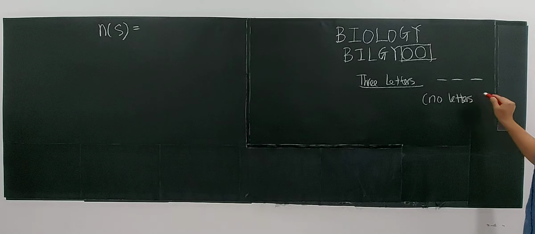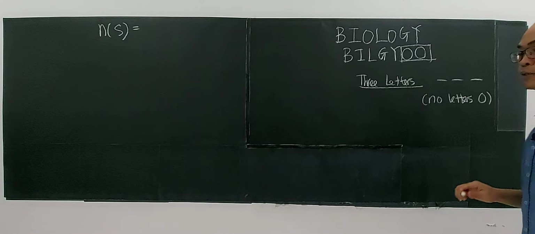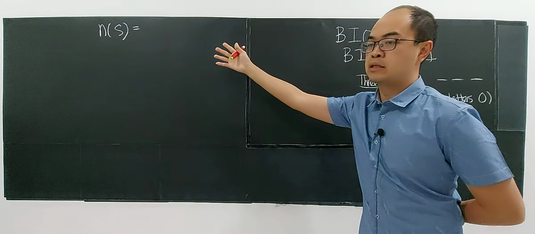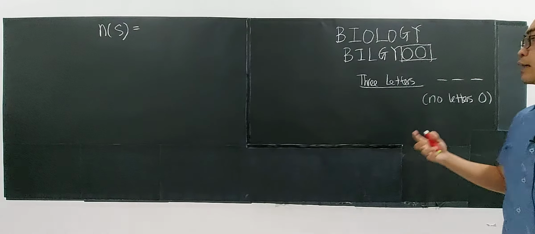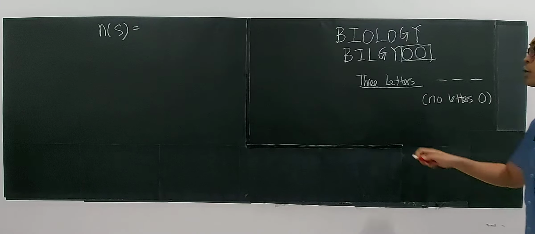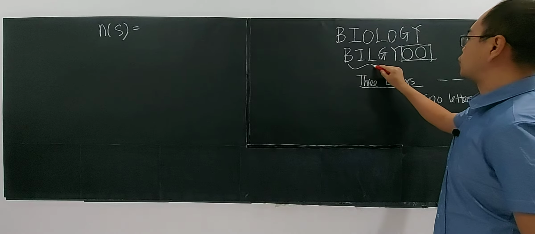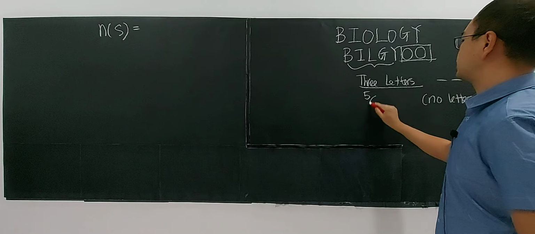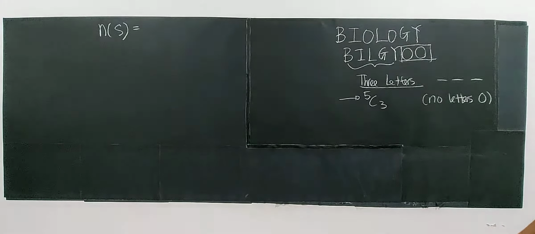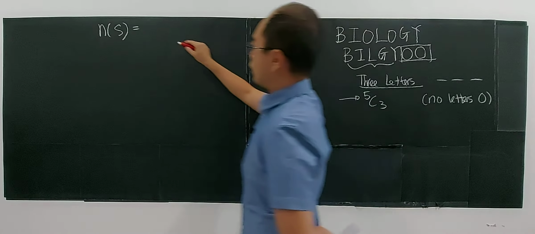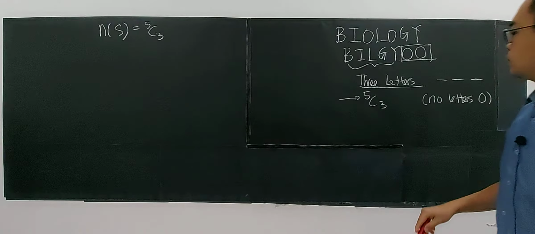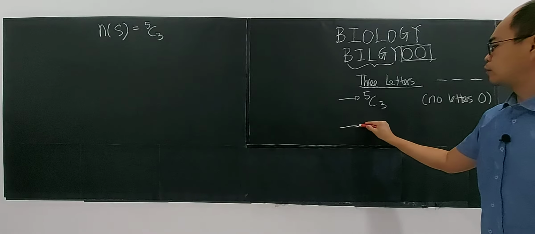They never said the letters must have O. So the first possibility is no letter O, which means I choose from these 5, 5C3. So now I know I need to add 5C3 into the possibilities.